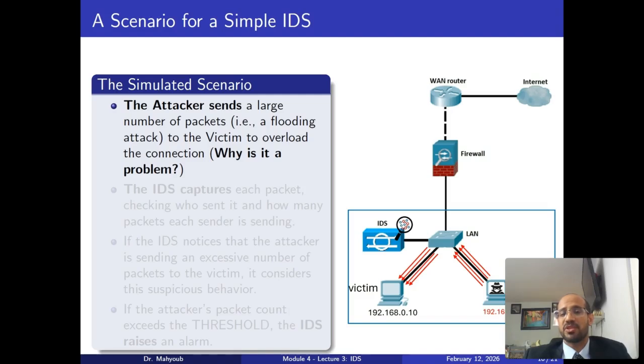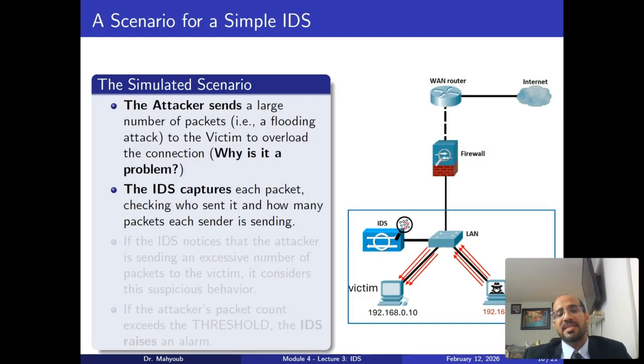This disrupts the service provided by the victim, which can be particularly damaging if the victim is hosting critical services like an e-commerce platform, banking service, or emergency communication system. Imagine that you are trying to access your bank account, but the server that should serve you is busy with other, unnecessary things, so the server will not be able to serve you. That's why your access to your bank account will be delayed.